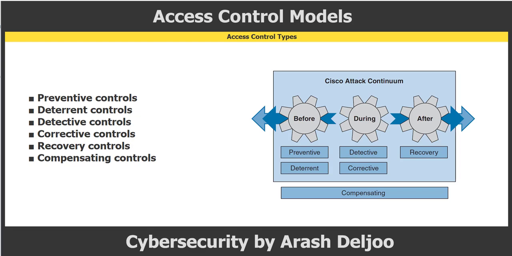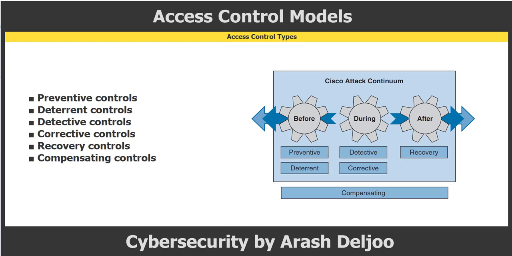About the detective controls. Detective controls aim at monitoring and detecting any unauthorized behavior or hazard. These types of controls are generally used to alert on a failure in other types of controls such as preventive, deterrent, and compensating controls.